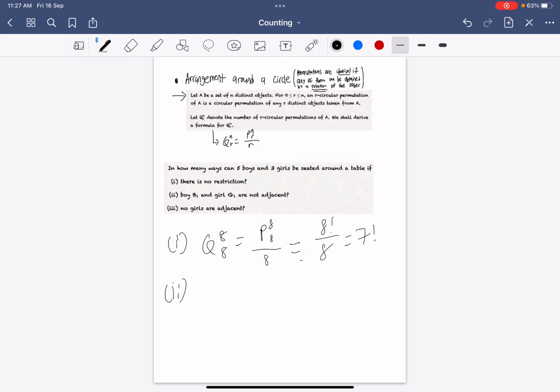Next, we want to arrange that boy 1 and girl 1 are not adjacent. And to do so, we can first draw a picture to visualize it. So boy 1 and girl 1 are not adjacent. So you can arrange the other 4 boys first.